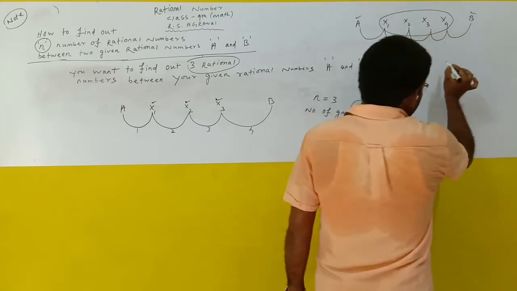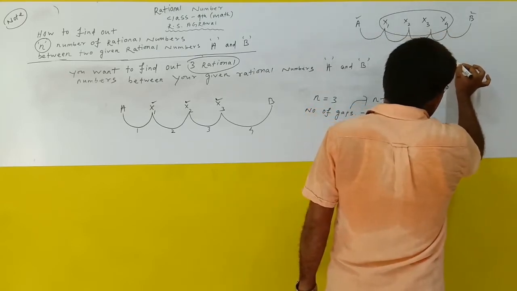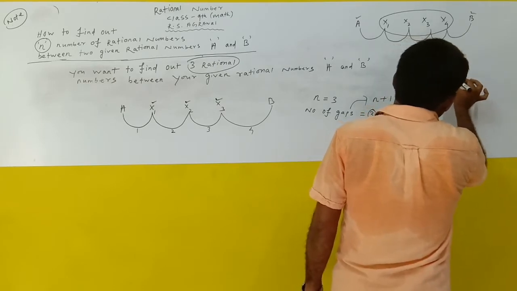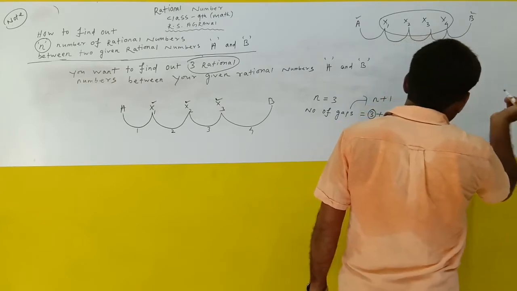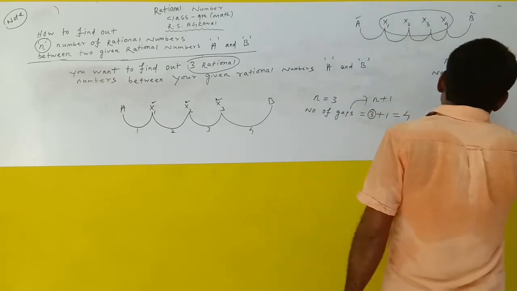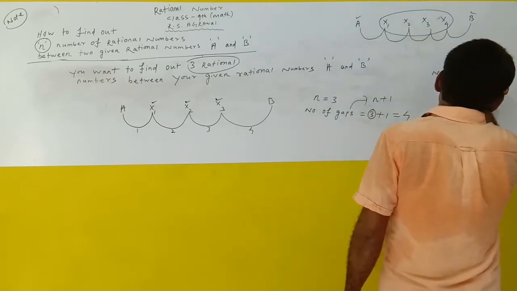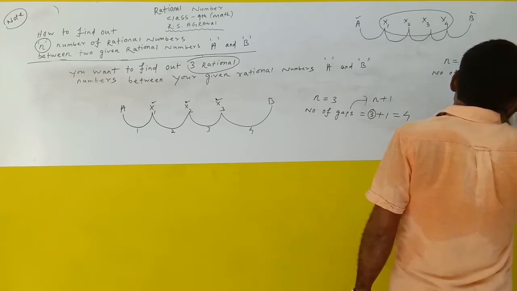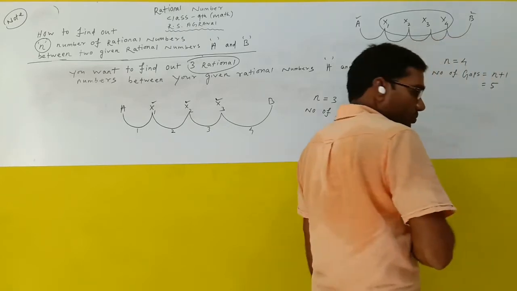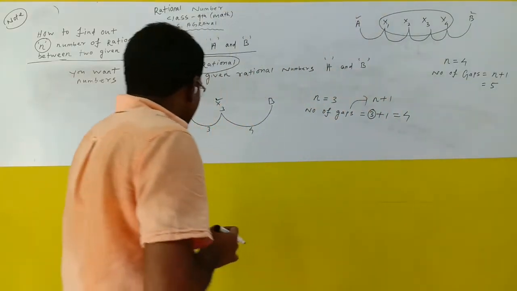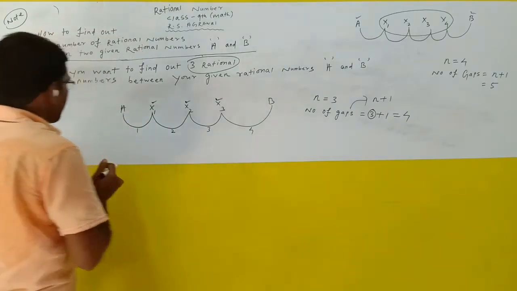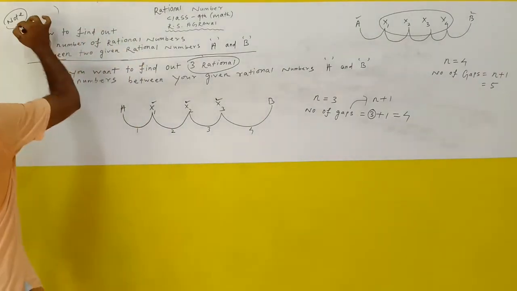It means if n का वैल्यू 4 हो जाएगा, then number of gaps will be 4 plus 1, that is n plus 1 equal to 5. So, first note it.